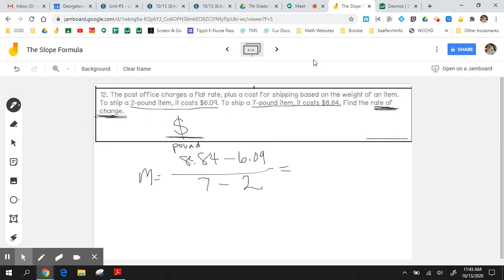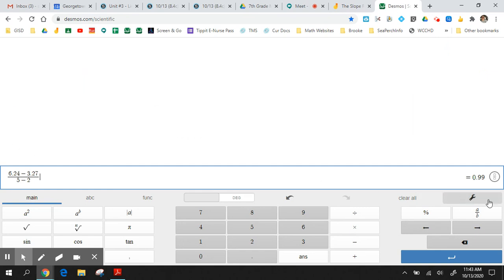Okay. Type this in your calculator under Desmos in your alpha y equals. Let me see. 884 minus 609. My denominator is 7 minus 2.